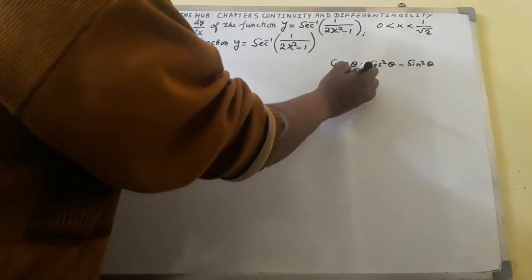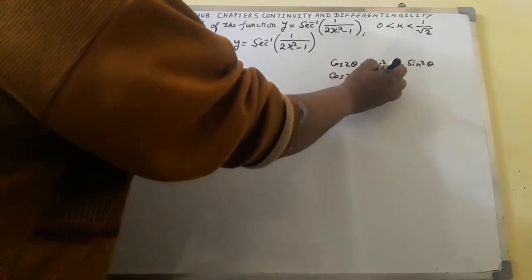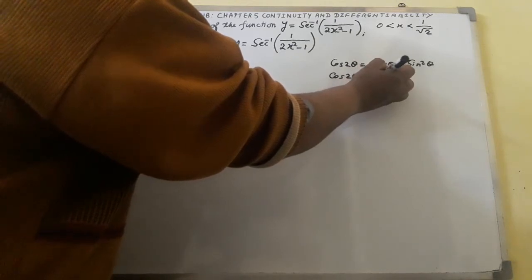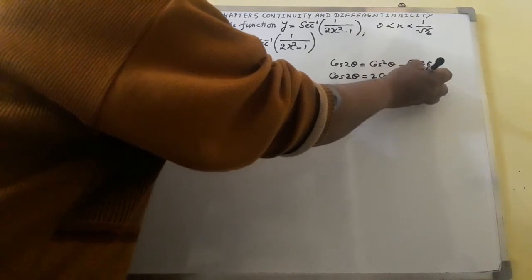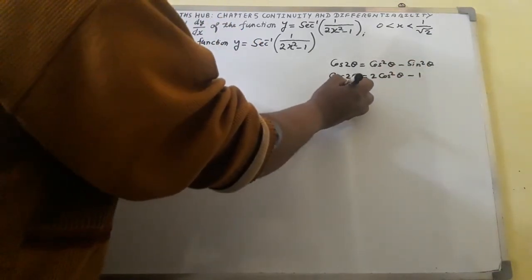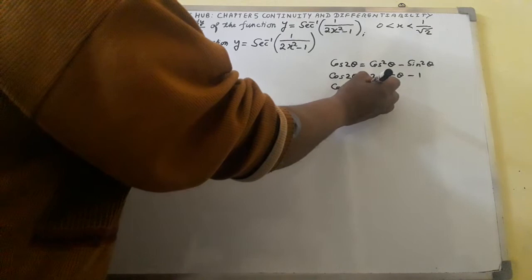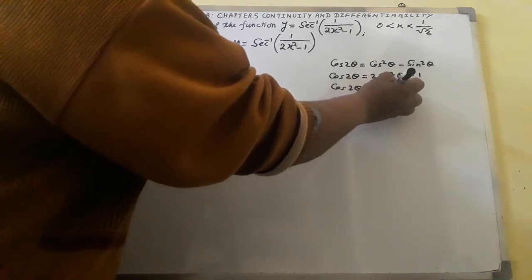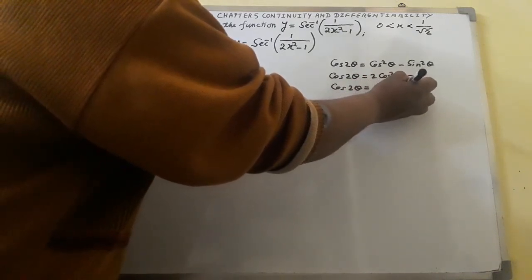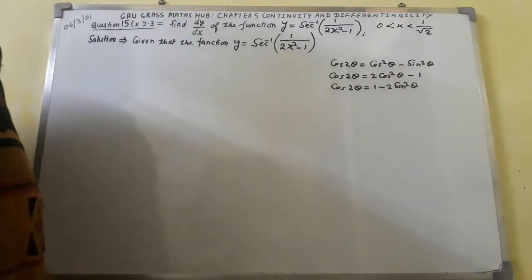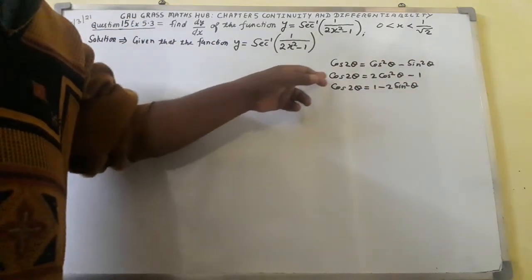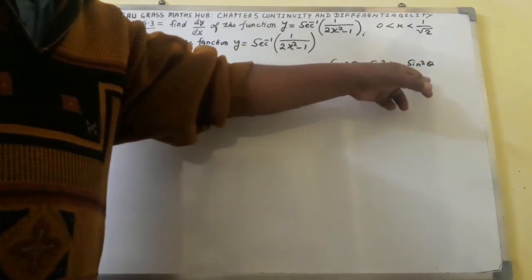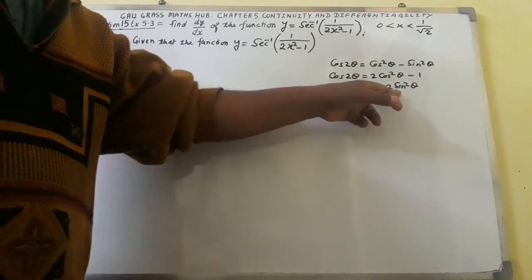Again, cos 2 theta is equal to 2 cos square theta minus 1. Cos 2 theta is equal to 1 minus 2 sin square theta.